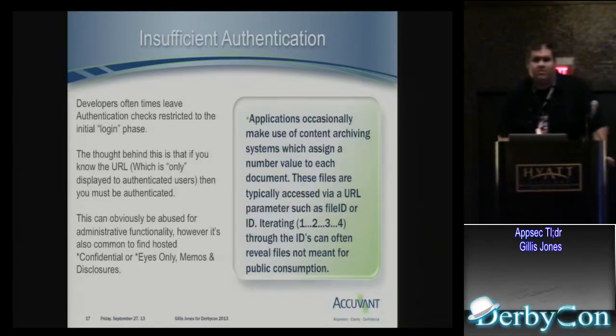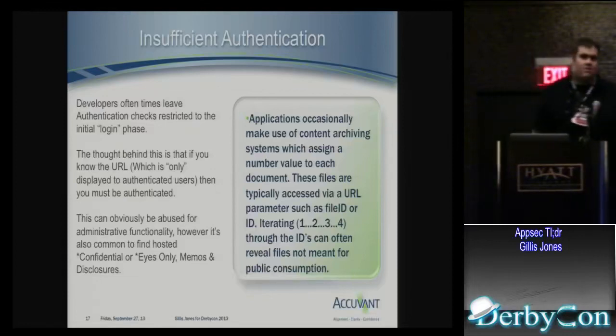So applications are typically built from the bottom up instead of vice versa. So if you go down to 0, a lot of times you will find an administrative user. And they can typically be abused to get administrative functionality, but you can also get eyes-only information.